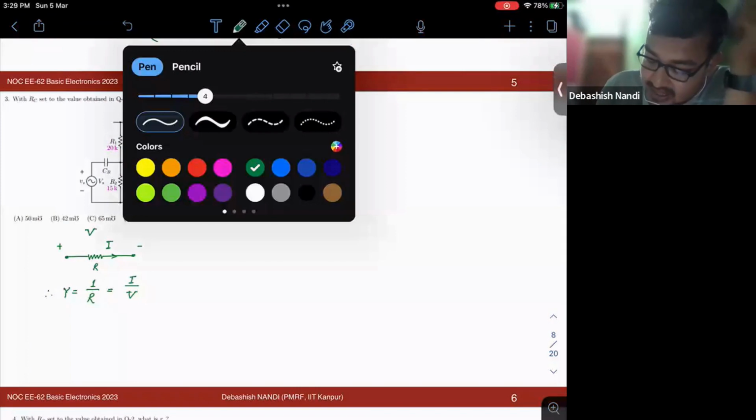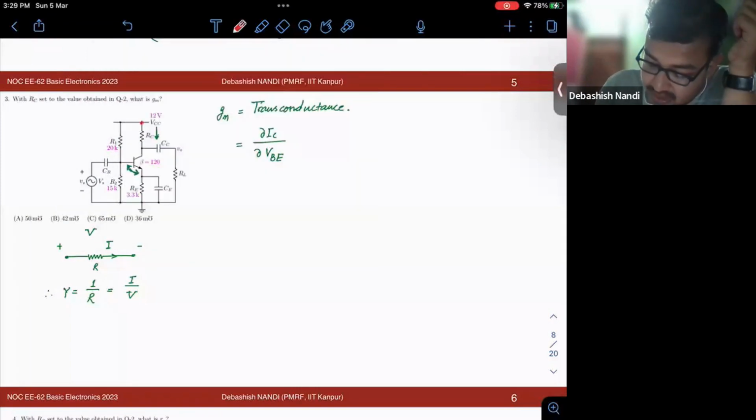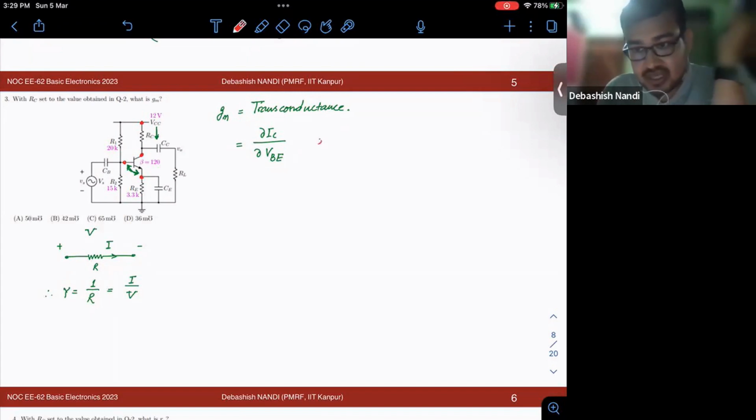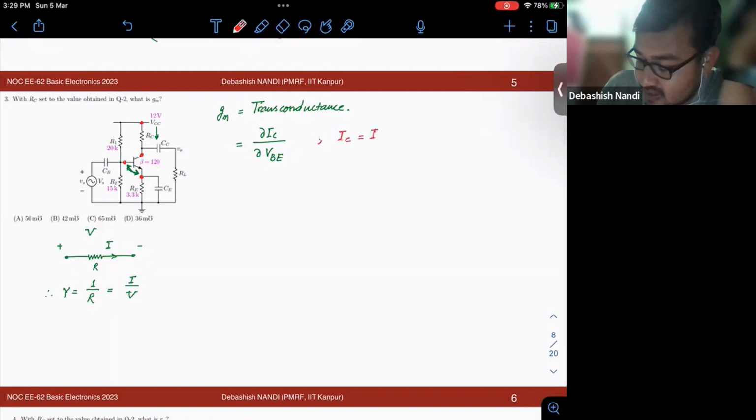Note that this collector current is flowing between these two terminals, and this current flow is being controlled by another two terminals. This is the fundamental behind any amplification operation. So this is called transconductance, del IC by del VBE. Last week I showed you how we found this expression, exponential VBE by VT, where VT is your thermal voltage.